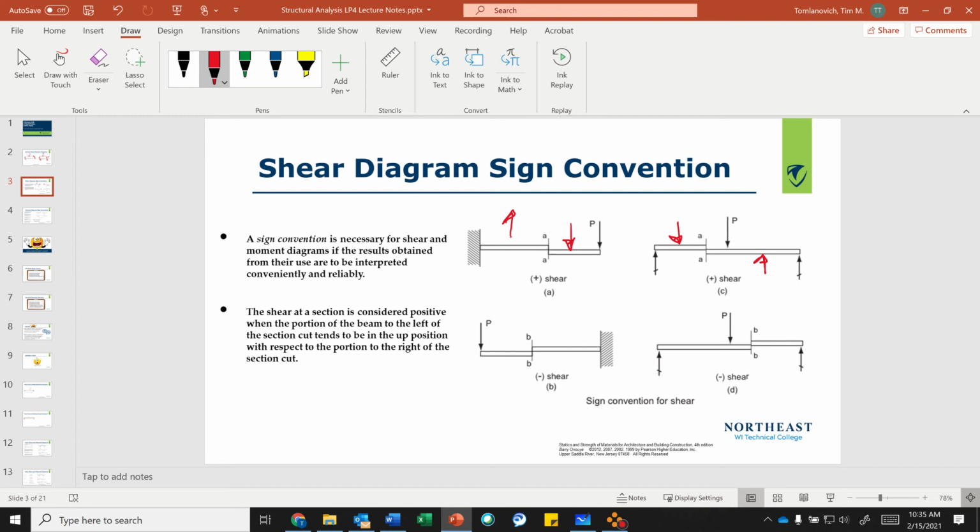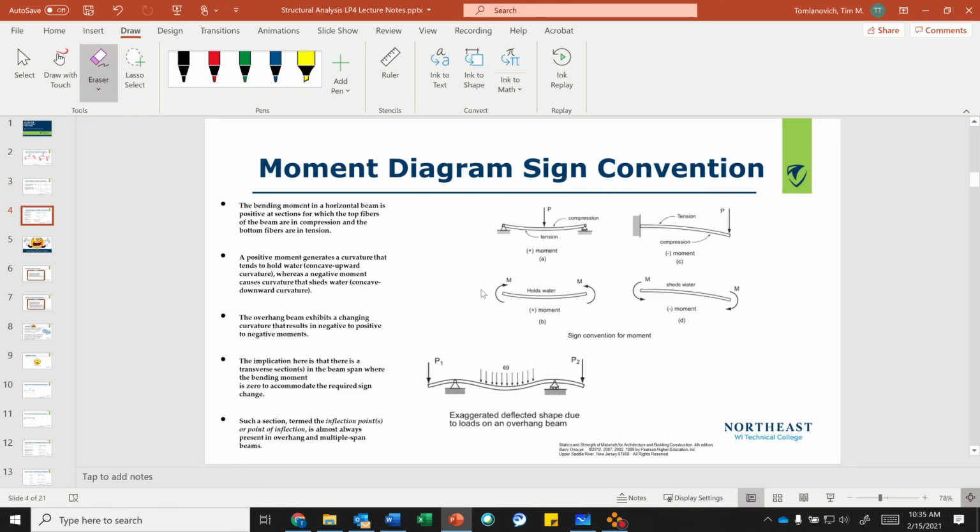Okay, so if I look here, these are all positive shear, because the right side is going down, and when you look at the next lower one, the left side is going down. So that's negative shear. Again, don't worry too much about that. All right, so now moments.